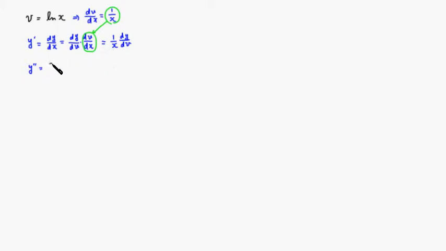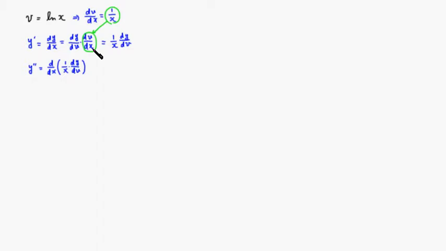All right, then if you want y double prime, you would have to take the derivative with respect to x of 1 over x times dy over dv. This is a multiplication, so we're going to have to use a product rule.